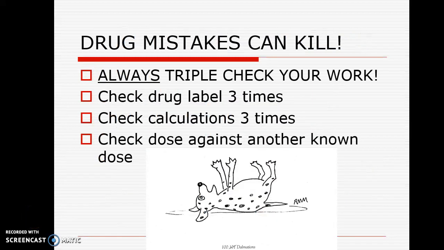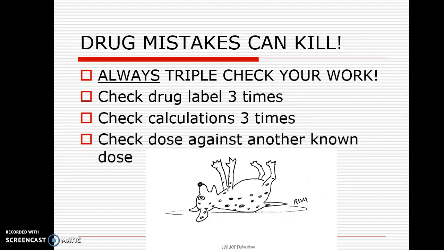So this 100 Dalmatian from 101 Dalmatian, we don't want this to happen to you. Drug mistakes can kill. So your book goes through a list of all the different tasks that have to happen between when your veterinarian gives you the drug order and when you're handing the drug and explaining the drug to the client.